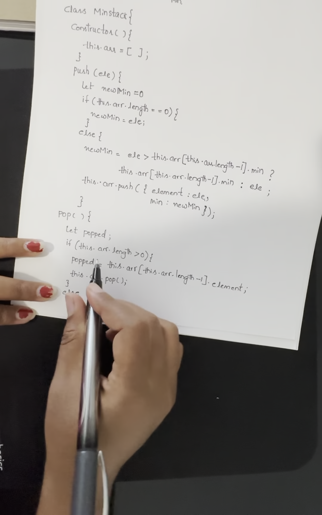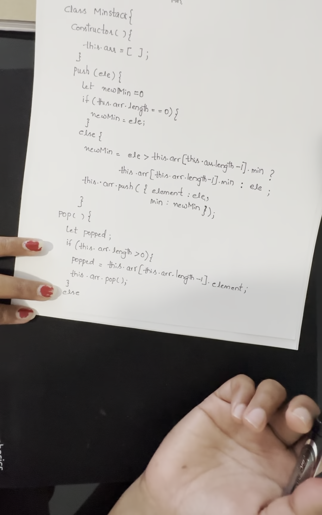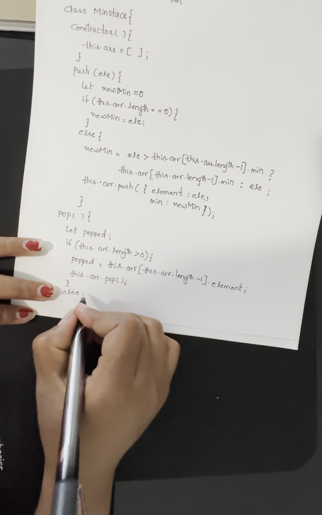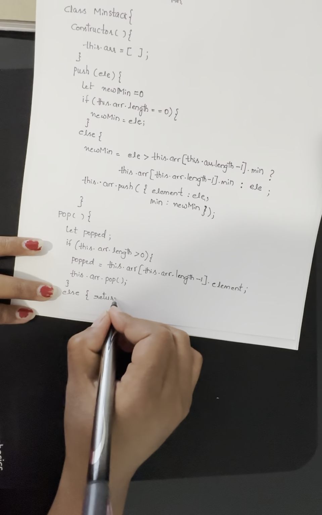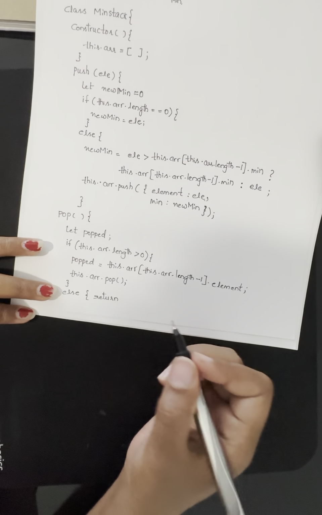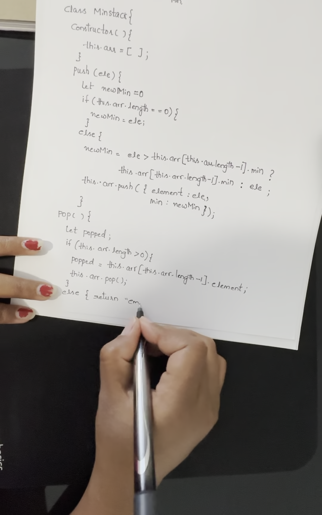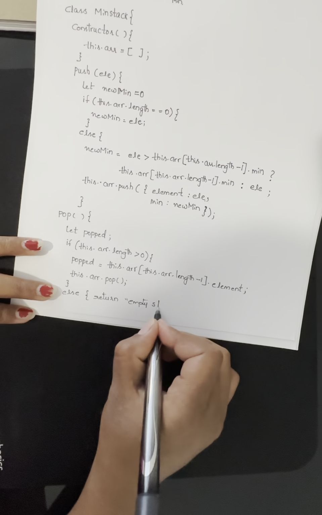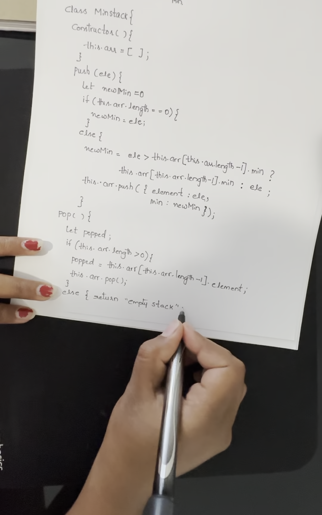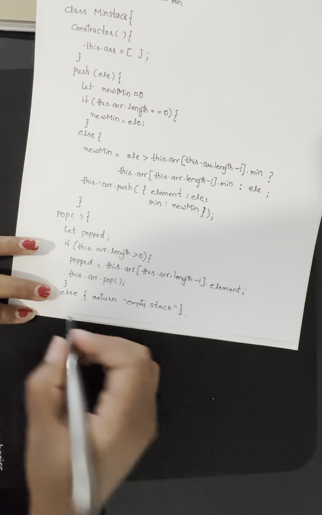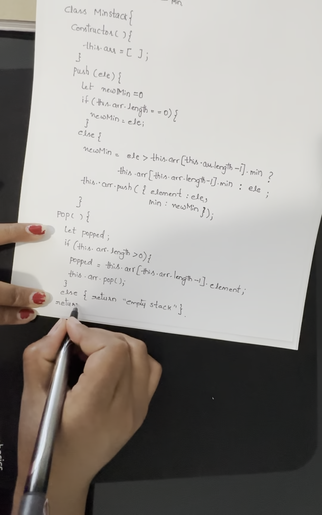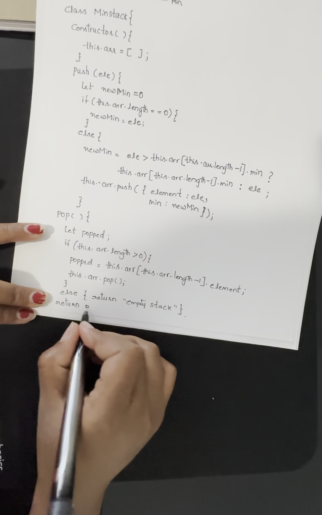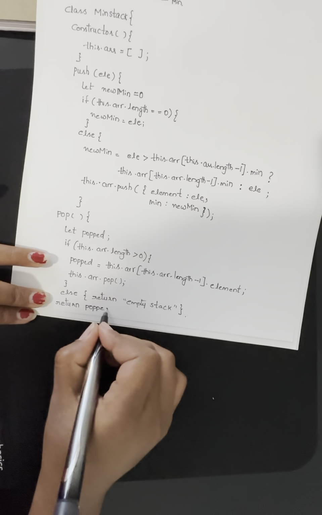Else, if we don't have any elements in the stack, if the stack is empty, then we just return, let's say, -1 or just empty stack. So in this pop function we return the popped.